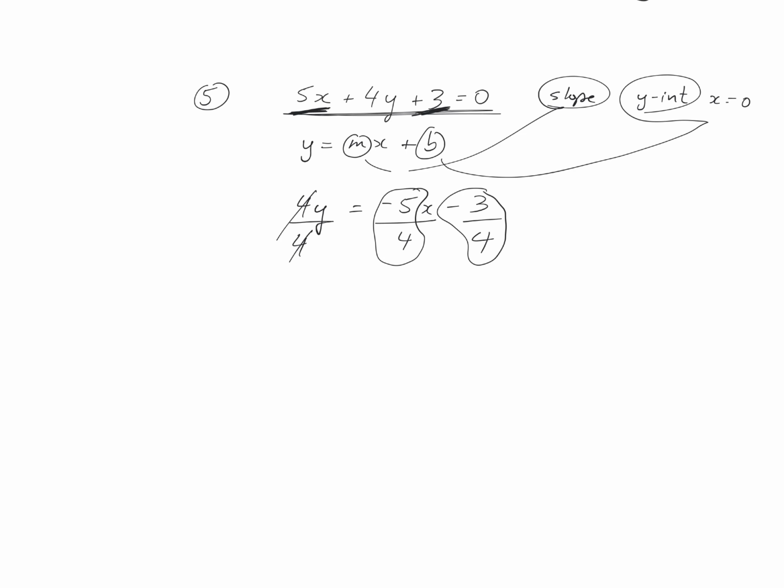So the answer is A. Now they write the y-intercept. Remember, for the y-intercept, x is 0, and then this is what the y value is. So they write the answer like this: 0, comma, negative 3/4 for the y-intercept.